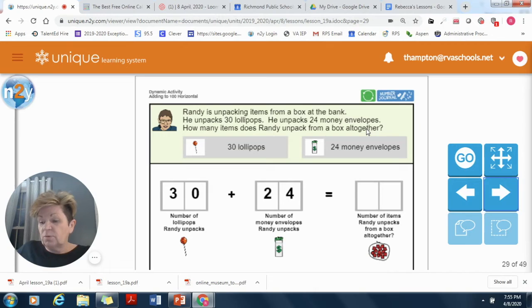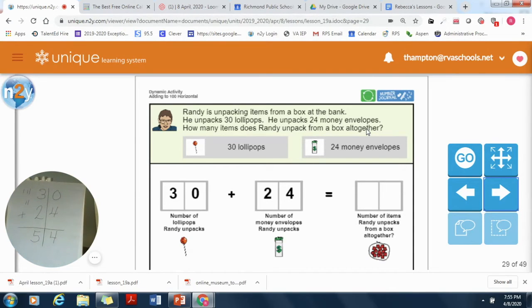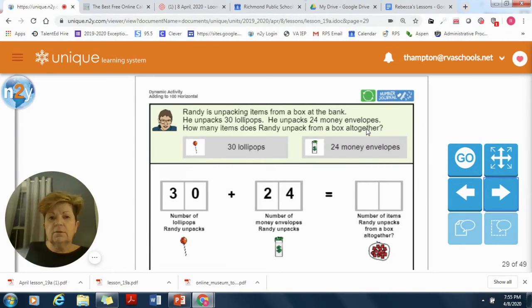We could make our hash marks, right? Or if you just know that 3 plus 2 is 5, we can write our 5. So how many altogether? 54. Nice job.